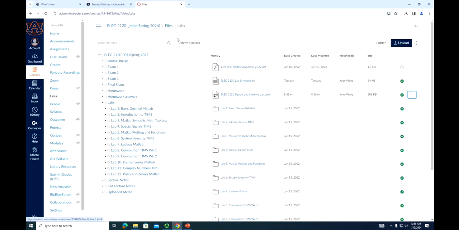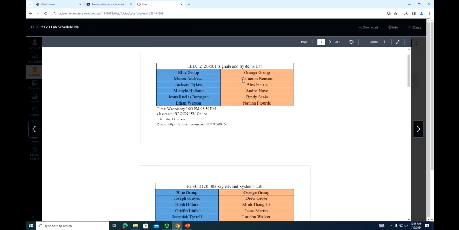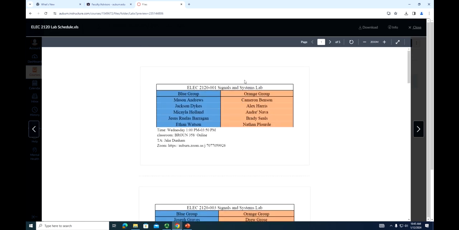So for now, you can open your cameras and go to the file and lab. You will see the schedule file here. In our lab classroom, we have 8 desks, but 2 of them are broken now, so we only have 6 available. That's why we will divide you into 2 groups, the blue group and orange group.